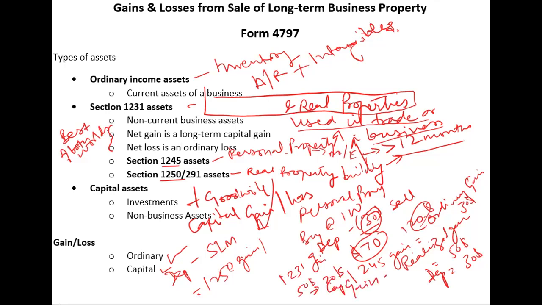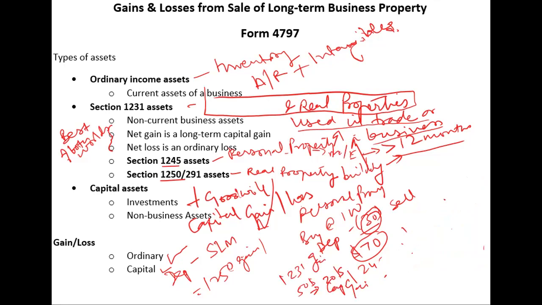So this is how we calculate section 1245 gains, since it is personal property. Now, what if it is real property? Let's take that example as well.